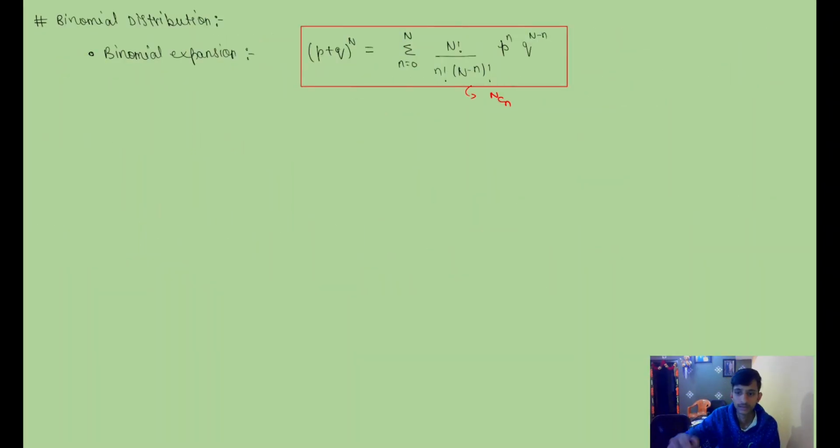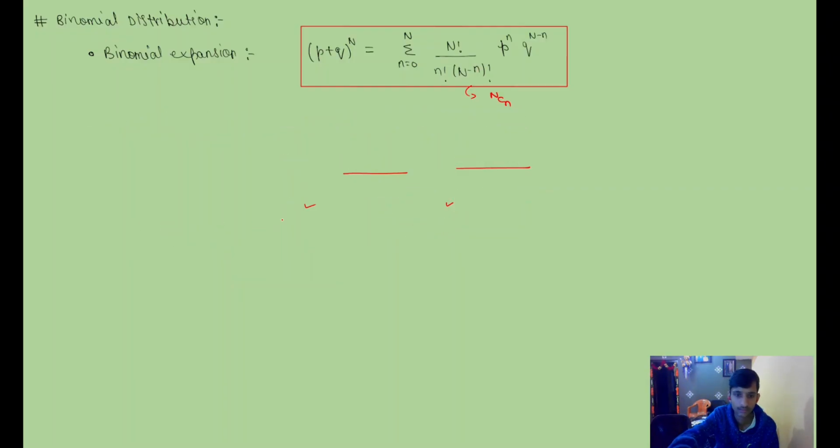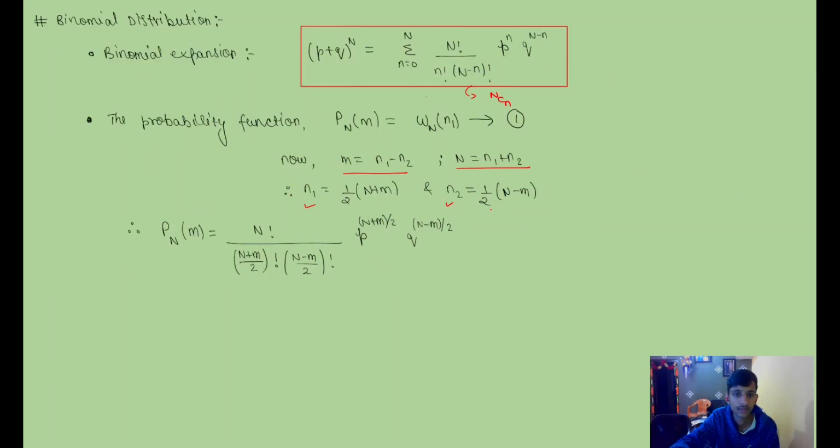What I have to do is just substitute m equal to the net displacement, n1 minus n2, and the total number of steps as n1 plus n2. So what does this mean? From these two equations I will find the number of steps to the left and the number of steps to the right. And I will just substitute in the previous equation and I will get this probability function. So this is a very important formula.